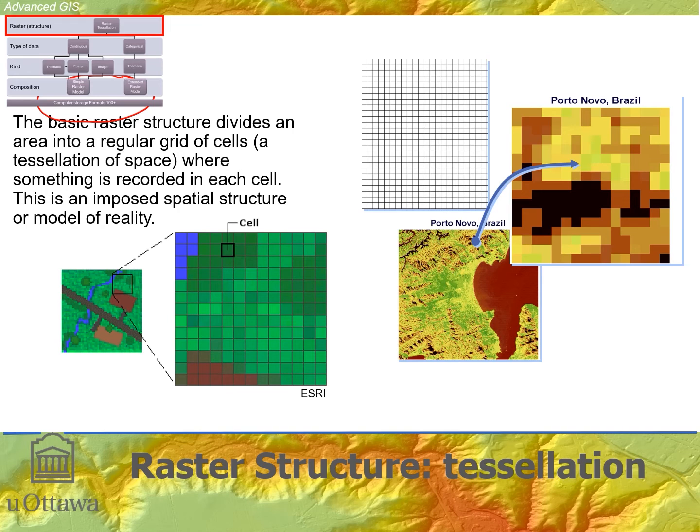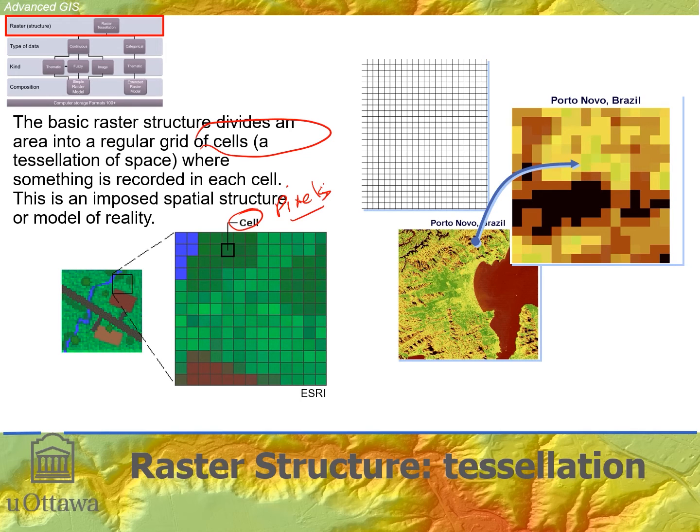And so when we do that, we're imposing a spatial structure on space, and then we observe things in that spatial structure. For example, in each of the little squares, we also call them cells, and sometimes pixels. Pixels as well is another term we use for that.